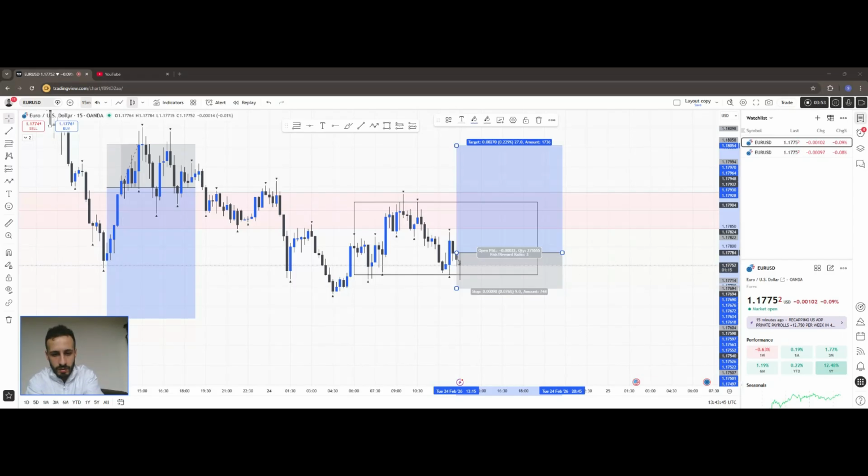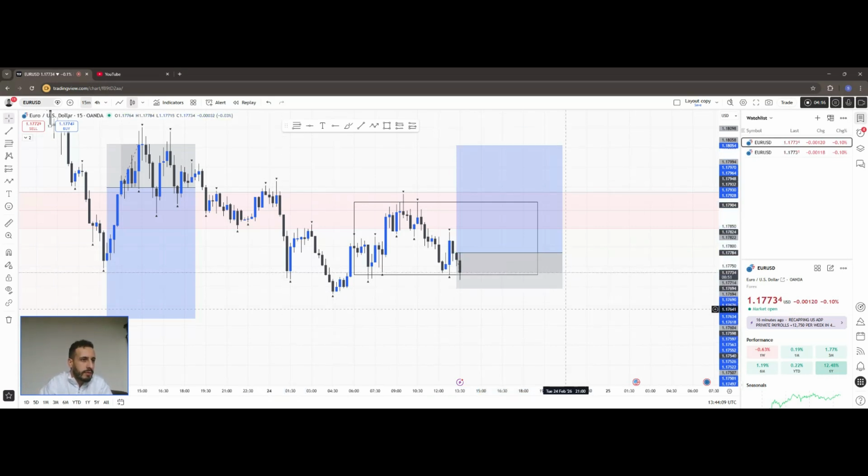Buy on EU as always, either stop loss or TP doesn't matter as long as we follow our edge. Done. So now we just wait for our entry to be touched.